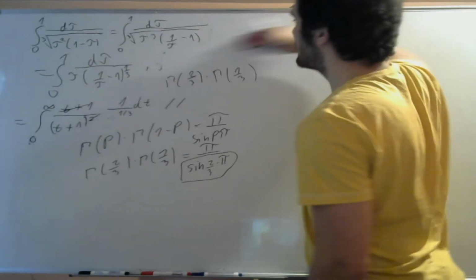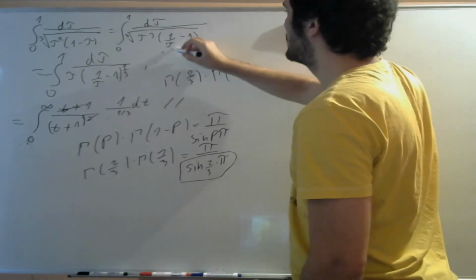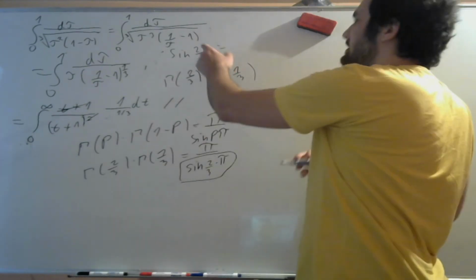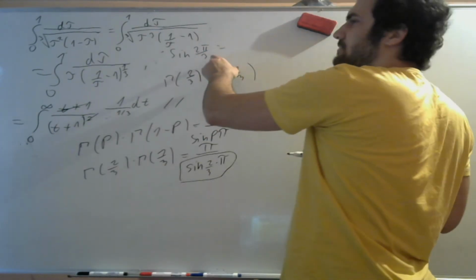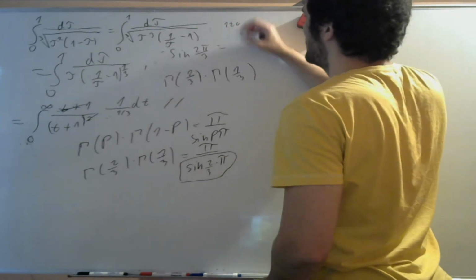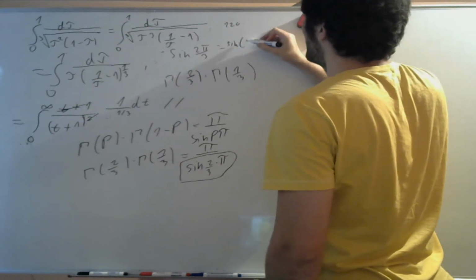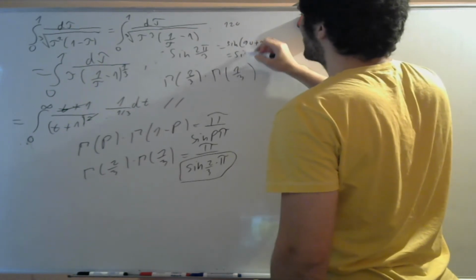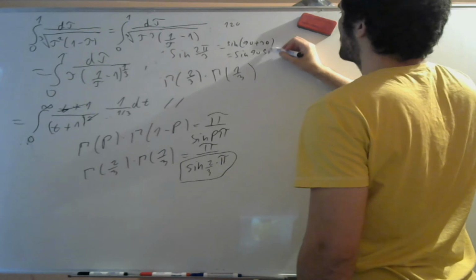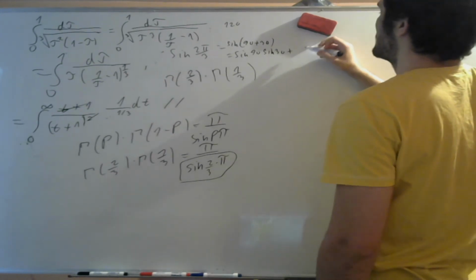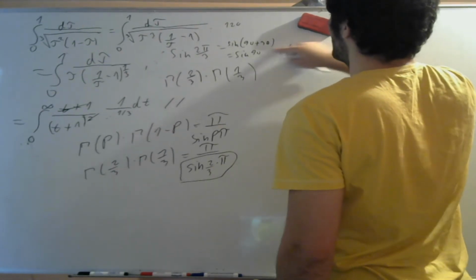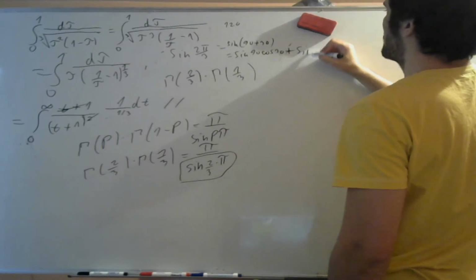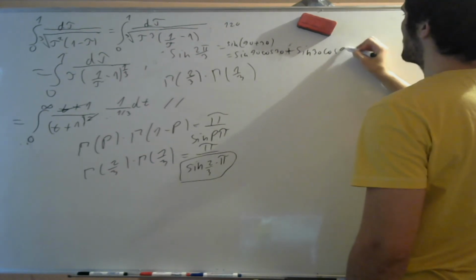Let's find it here. So we need to find sine of 2 pi over 3. 2 pi is 360 degrees divided by 3, that's 120. So we need sine of 90 plus 30, which is sine of 90 cosine of 30 plus sine of 30 cosine of 90.